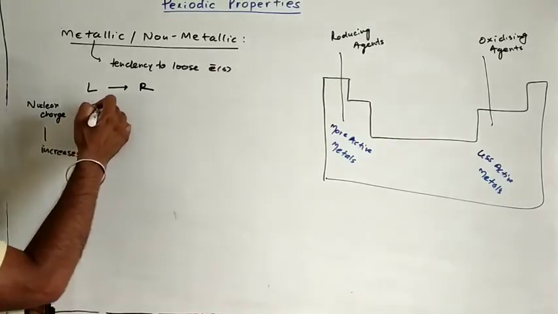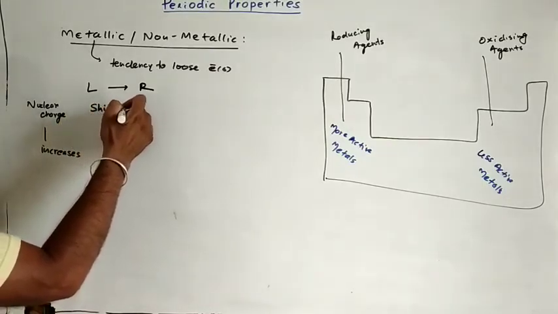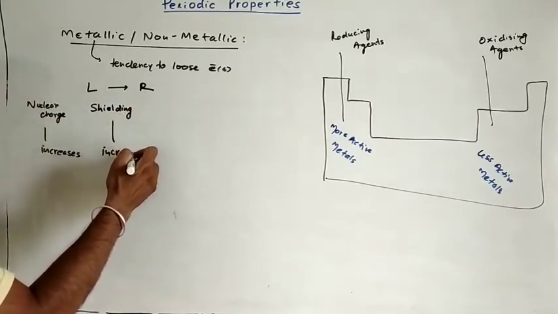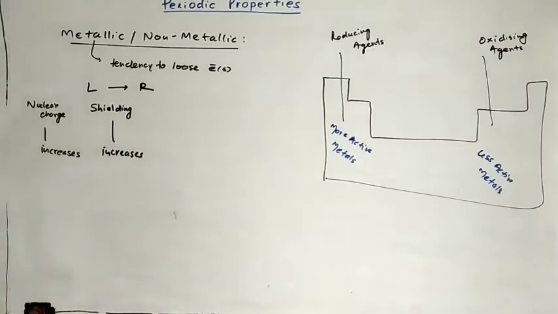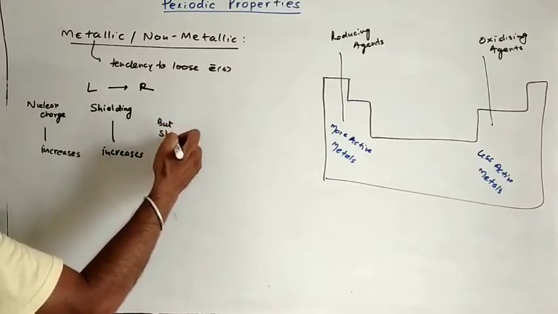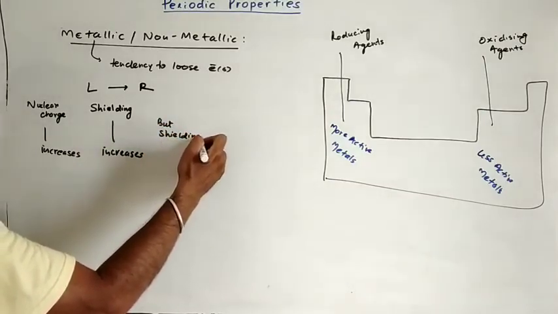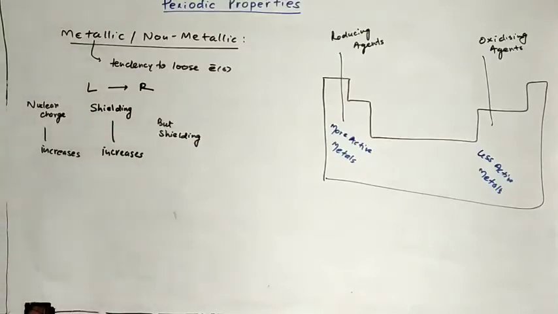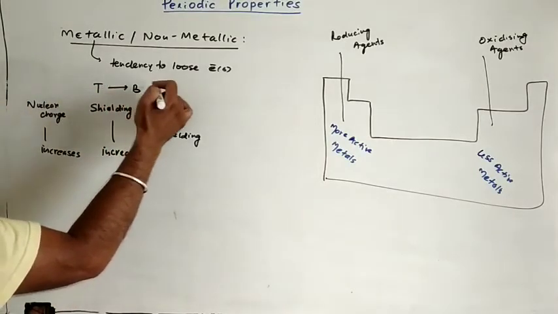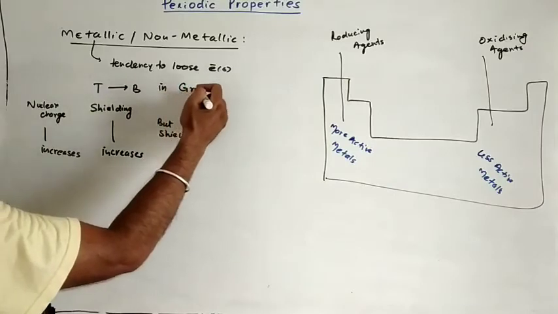Shielding also increases, but this is from top to bottom in a group.